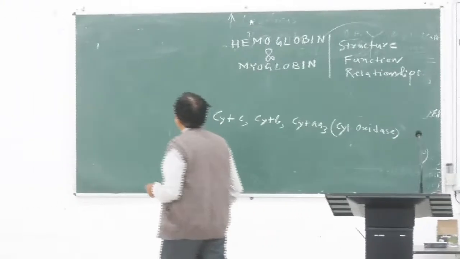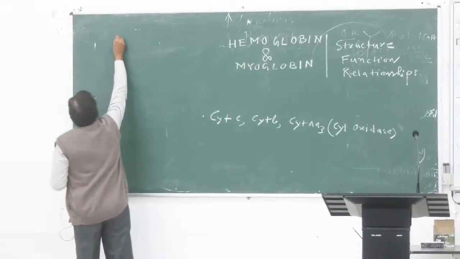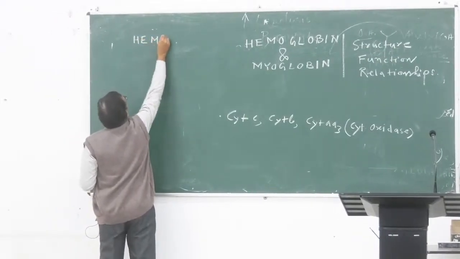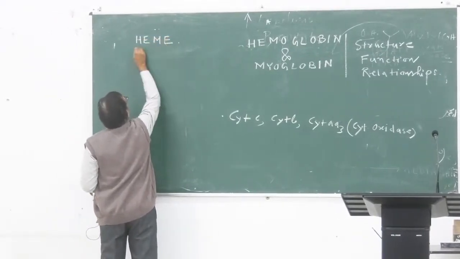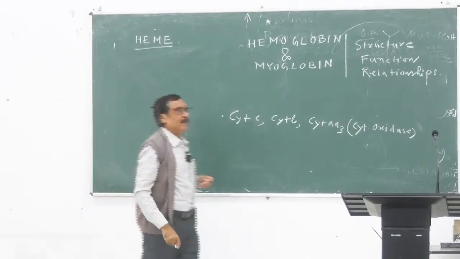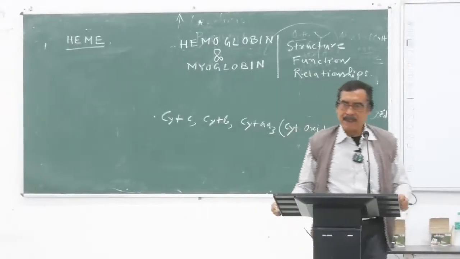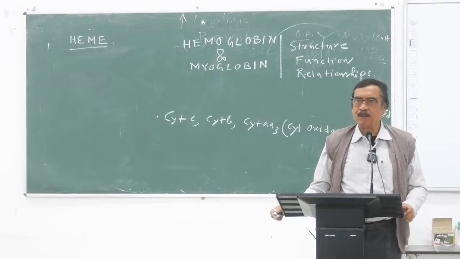Structurally it is a tetrapyrrole ring, as all of you know, and in the center of the tetrapyrrole there is a metal, and that is of course iron.